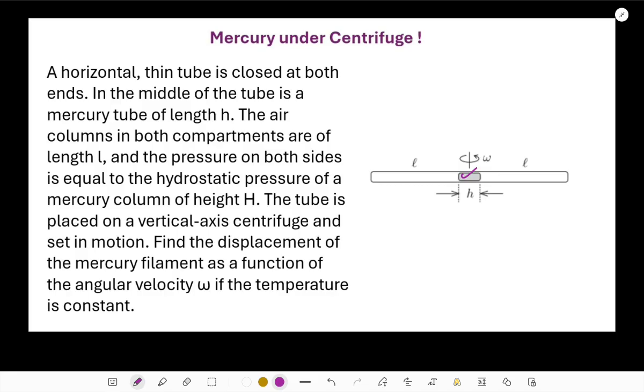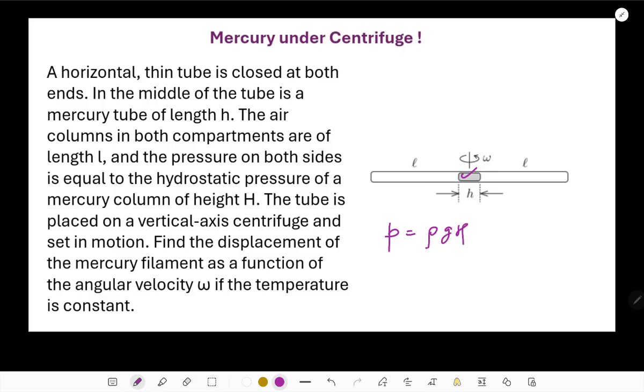That means it is also given in this problem that the pressure on both sides of the mercury tube is equal to the hydrostatic pressure of mercury at a height h. So pressure in this case must be rho g h.